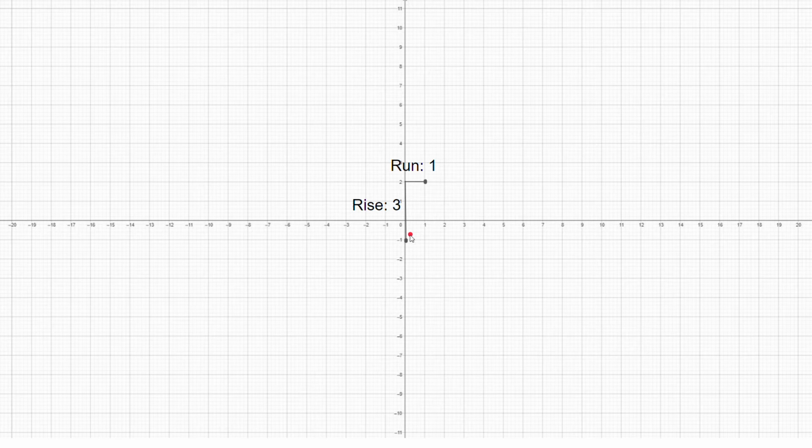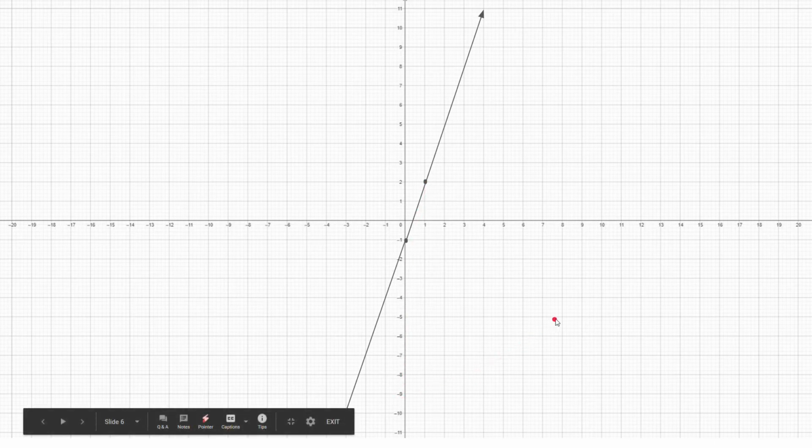It can be 6 and 2 or anything, as long as the rise divided by the run is equal to 3, but I think this is the simplest, easiest way to do it. And now we have 2 points, the y-intercept and this one, and let's just draw a line through here.